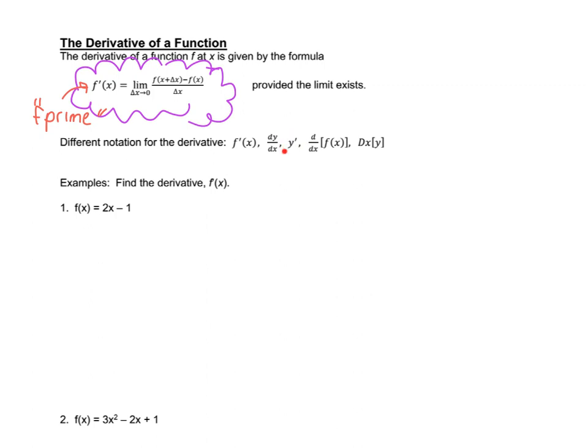You will see y prime as well. That means the same thing. You'll see dy over dx. Again, it's still representing slope, change in y over change in x. We also see d over dx with f of x next to it, and then capital D sub x with y in brackets. All of these represent the derivative.